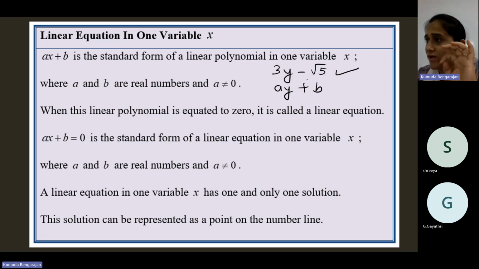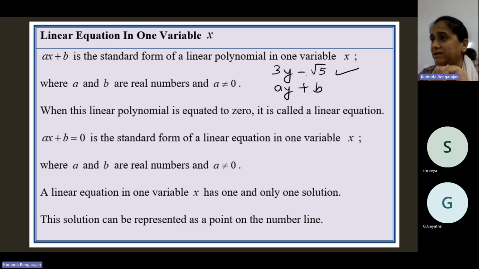Linear because the highest power of the variable y is 1. So 3y minus root 5 is a linear polynomial in one variable y.